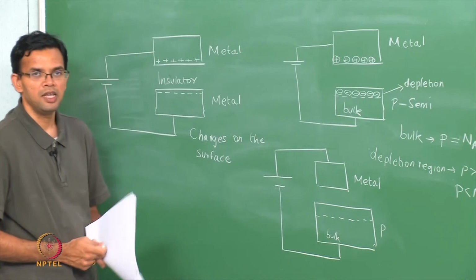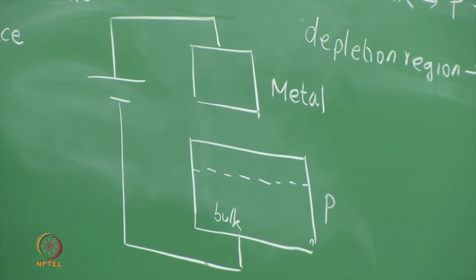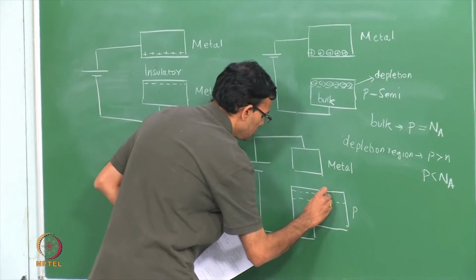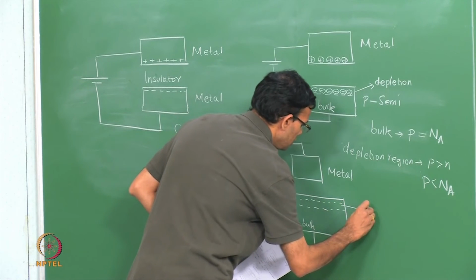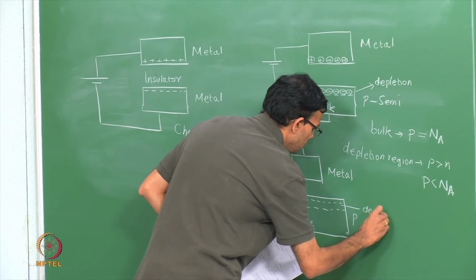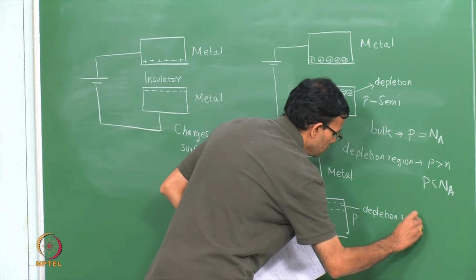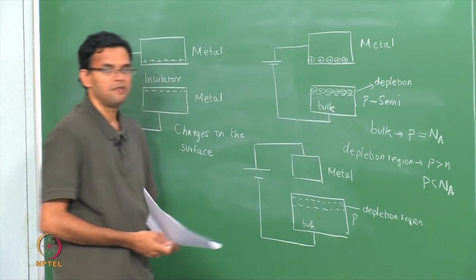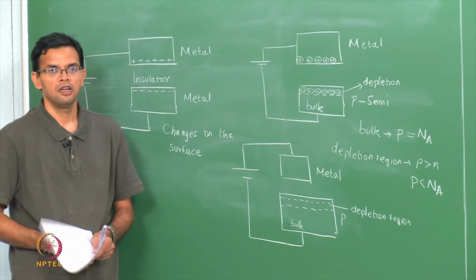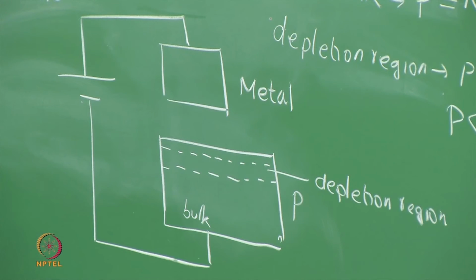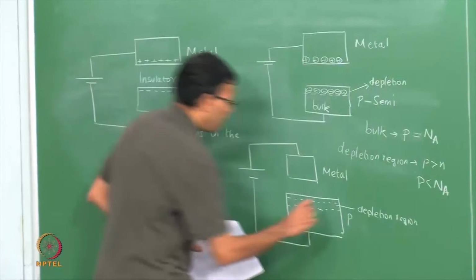I have a depletion region where the semiconductor is still p type, but the concentration of holes is less than Na. And then finally, I have a region closer to the surface, where I have more electrons than holes, so that I have inversion.